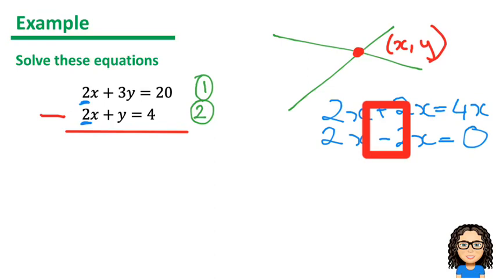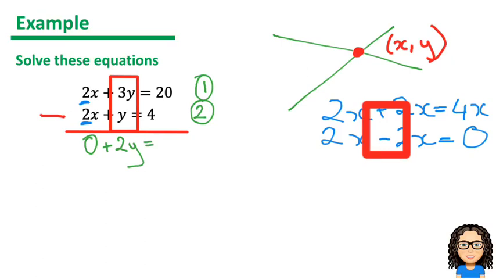So 2 lots of x take away 2 lots of x leaves us with 0. Now we're going to look at the y. And so if I look at my y's there, I've got 3y take away y. So 3y take away y is going to give me a value of 2y.